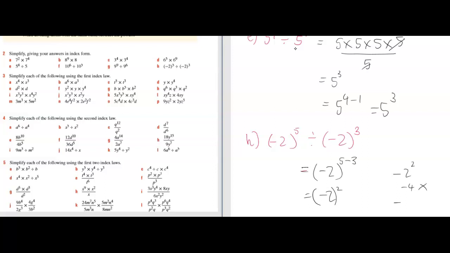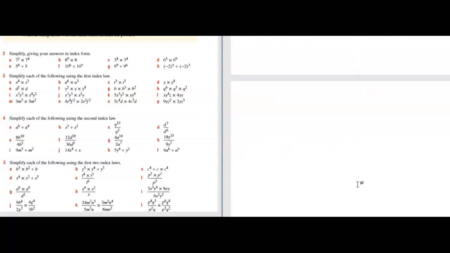Negative 2 squared is negative 2 times negative 2, which gives you a positive answer, so positive 4. If you use brackets on your calculator, you'll get that positive 4, but some calculators will give you the wrong answer if you don't use brackets. So just a heads up when entering things into your calculator.